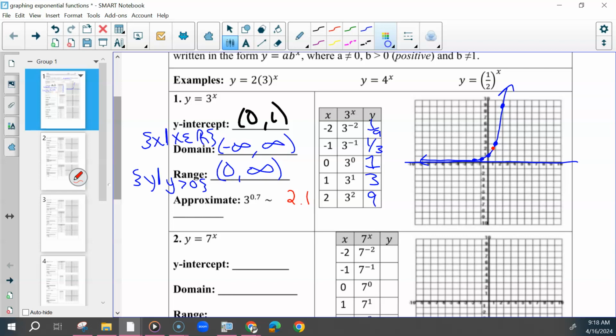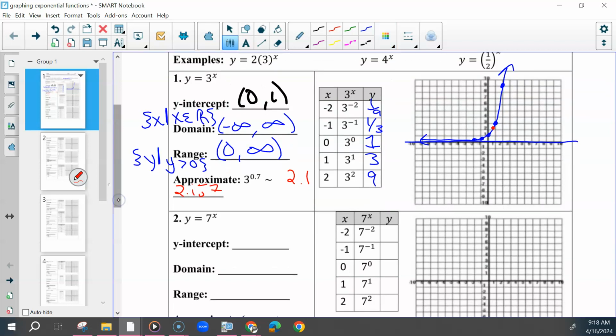Bring up those decimals. 2.157669. Okay, that's good. So I was close. And you don't have to guess. It's just kind of a fun little game to guess if you can guess it right before you actually find it. Do you have any questions on how we graph or find the characteristics of this?